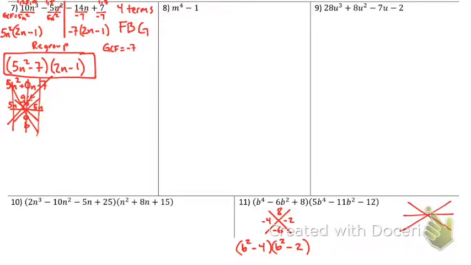All right, so now we fill in the snowflake by doing A times C, which is 5 times negative 12, and that gives me negative 60. Okay, our B value is negative 11.